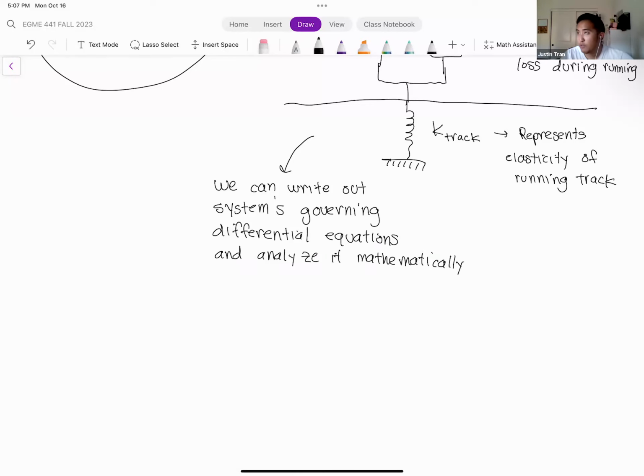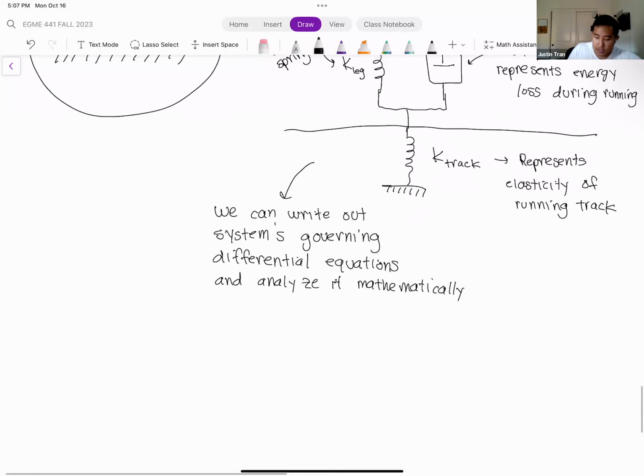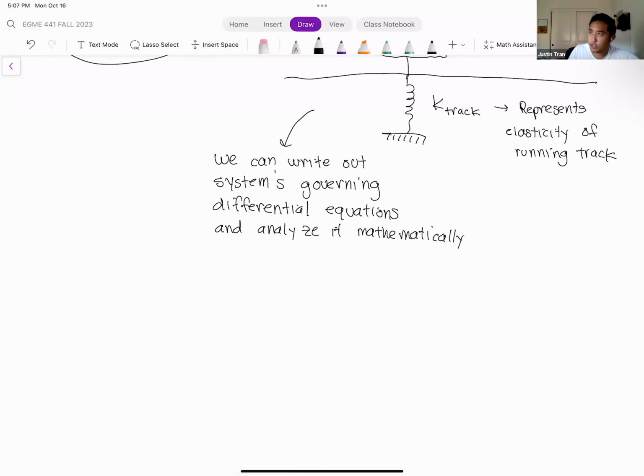In fact, whenever you have equations, you can manipulate those equations, or even better, optimize those equations to optimize a certain behavior that you want. This system in particular is fairly simple because it's basically just a two-spring system.